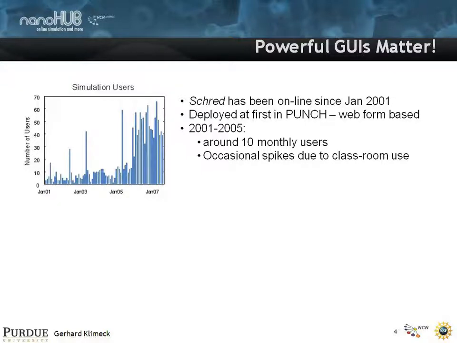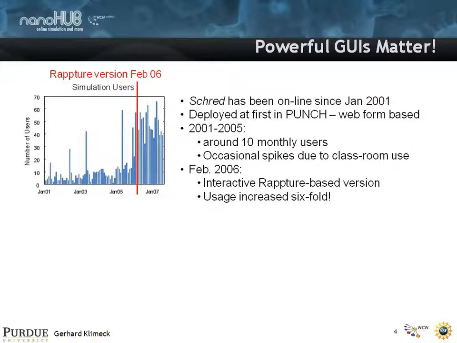Then you see a sort of a phase change, like a growth of a factor of 5 or 6. And that coincides with a conversion of these web forms for this tool into something interactive that I just demonstrated. Okay, nothing else. We didn't change anything else. But we increased the usage 6-fold.